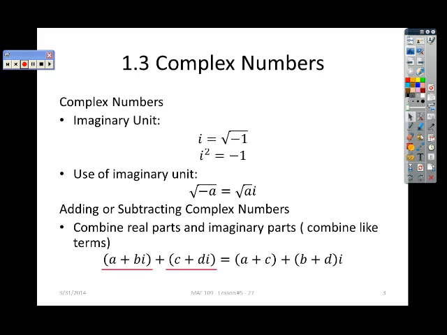So if you have this complex number and this complex number and you're adding them, you would add the a and the c, and you'd add the bi and the di. We're actually going to factor out the i. That's a common factor of i, so we factor it out. If you're working with numbers, the b and d would just combine to give you a number.